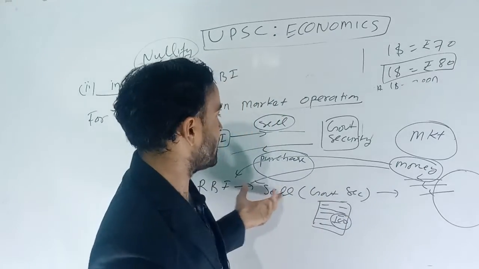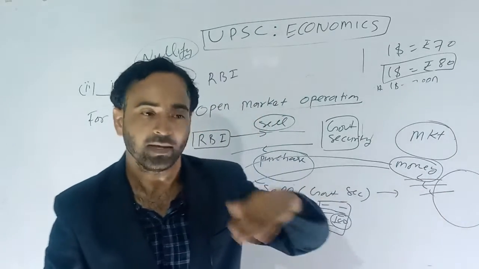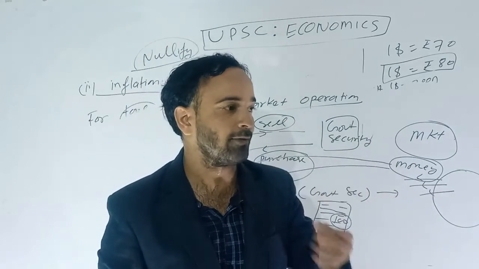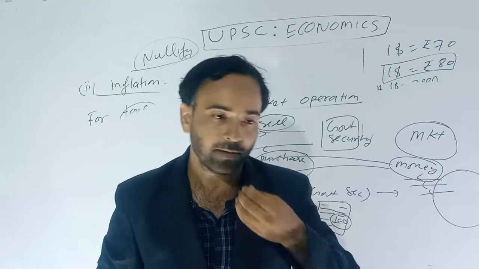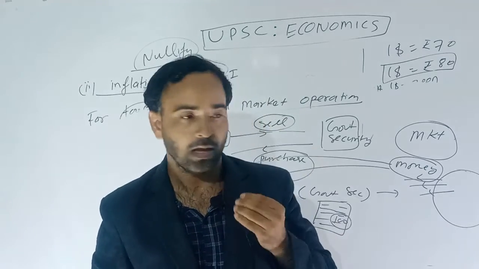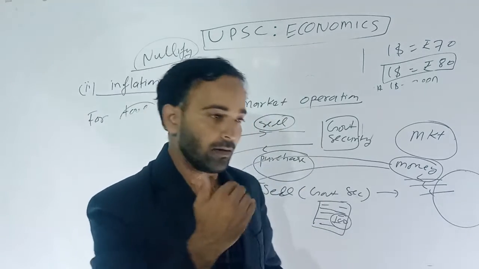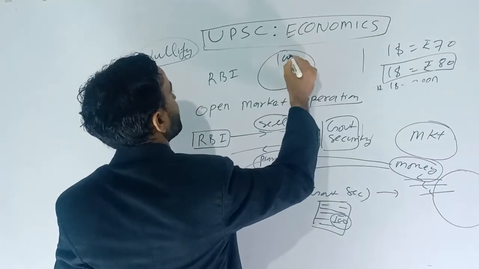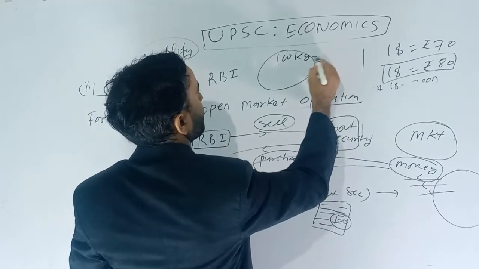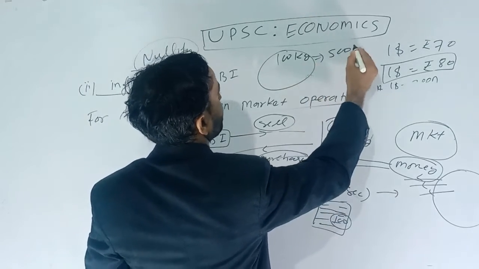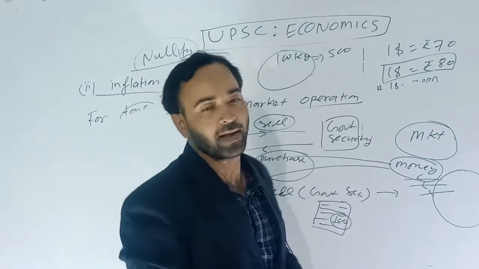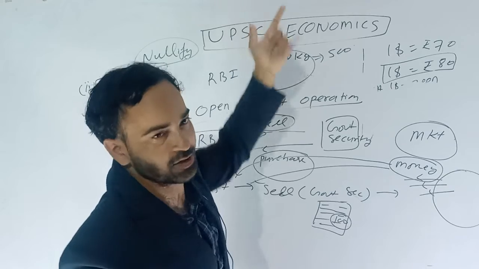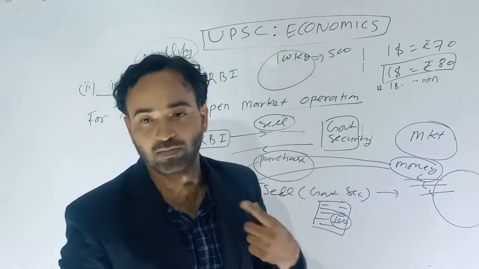The same thing RBI does. Whenever there is a lot of money in the market, people do not bother about spending. Everyone will purchase tomato. Let us suppose only 100 kg of tomato is available, and the number of buyers is 500. Everyone is purchasing, so the price of tomato will increase, and only those who have the maximum money will purchase.